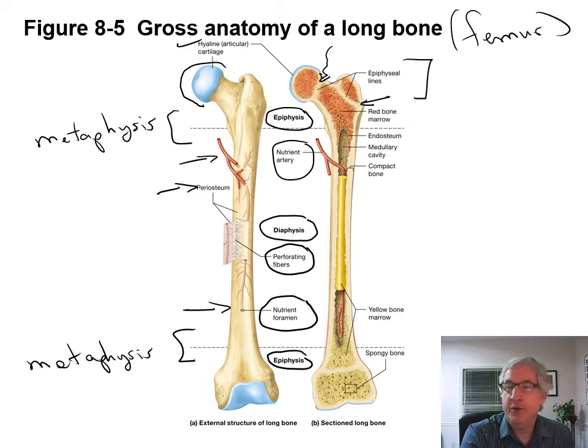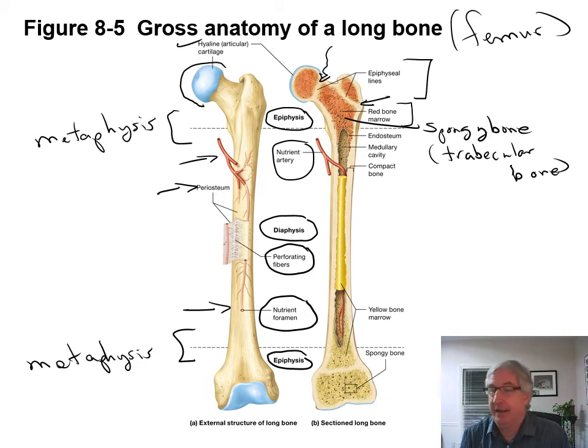So then it shows red bone marrow here, and this is all spongy bone. Okay, spongy bone, also called trabecular bone, because it has trabeculae in it.